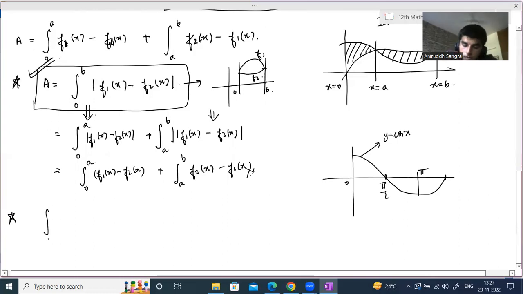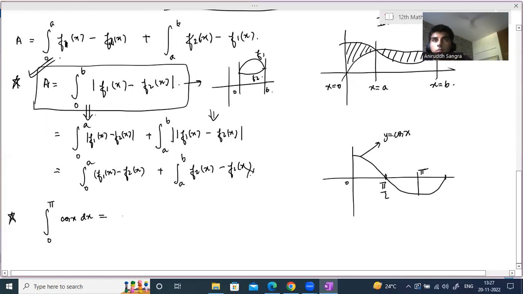So if I need to find the area from 0 to pi of cos x dx, if you don't apply the mod, see what happens. What will be the area of 0 to pi cos x dx?